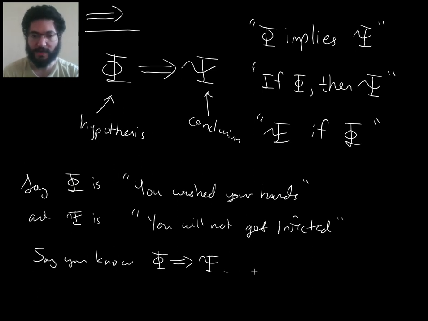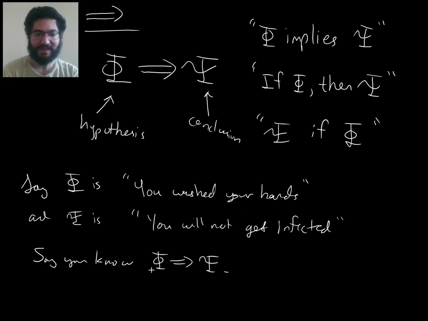Then how can you use that to deduce anything? Well, if you didn't even wash your hands, then you cannot deduce anything from it, right? If you know that if you wash your hands, you will not get infected, and then you go ahead and you don't wash your hands, that doesn't mean you will get infected or not infected. You just cannot conclude anything, right?